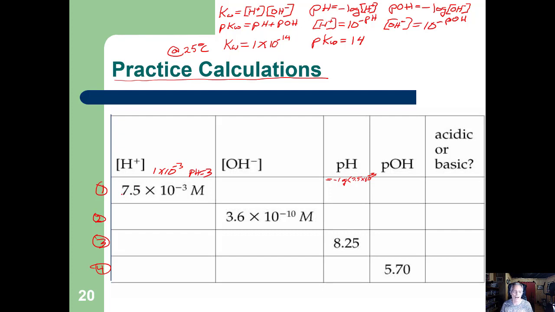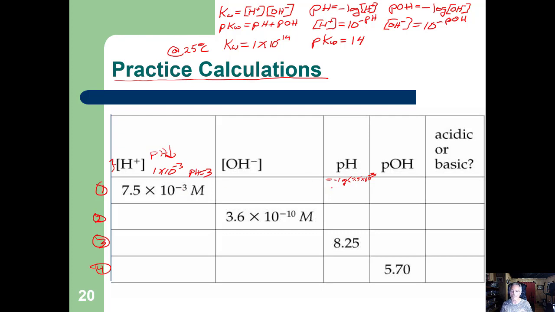As the hydrogen ion concentration goes up, pH goes down. So the lower the pH, the more acidic the solution. And so we know that the pH is going to be 2 something, and actually a fairly low 2 something.